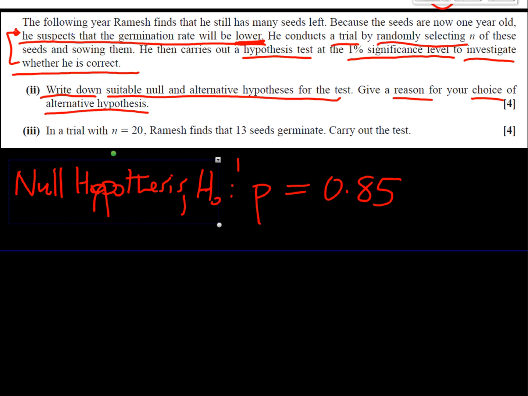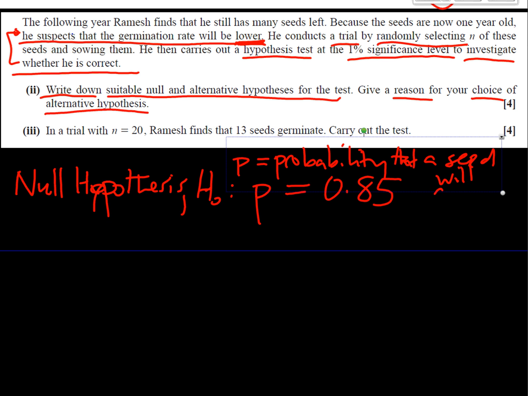We also, for MEI, have to remember to define what that probability is. So P equals the probability that a seed will germinate. Okay, so that's our null hypothesis.